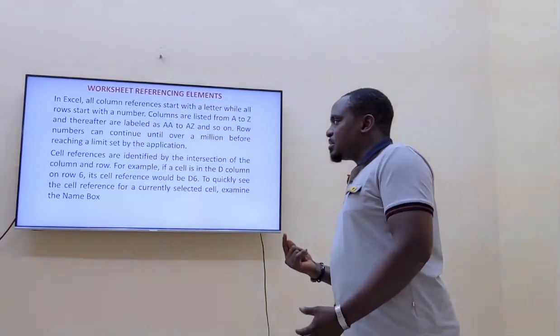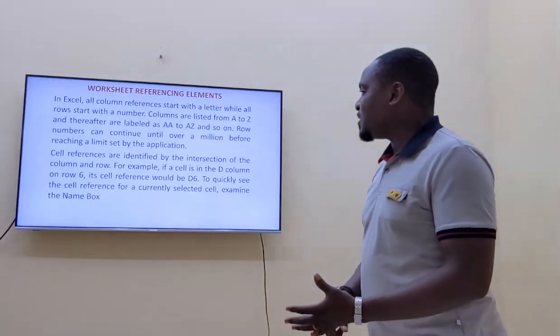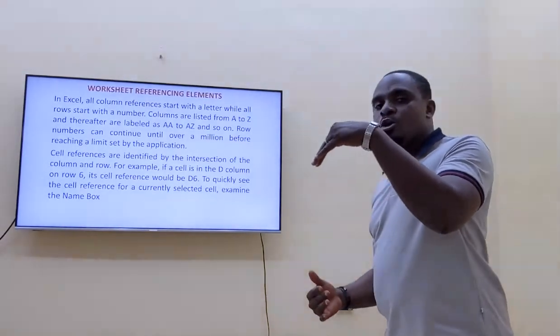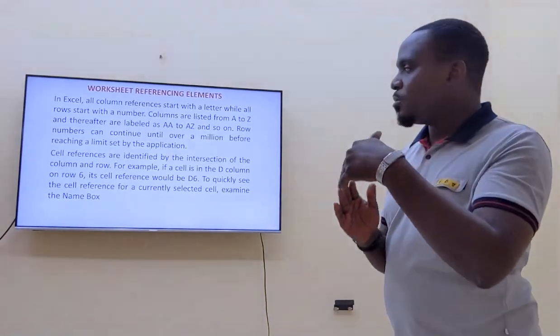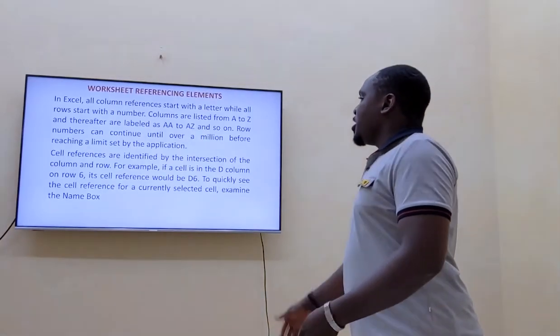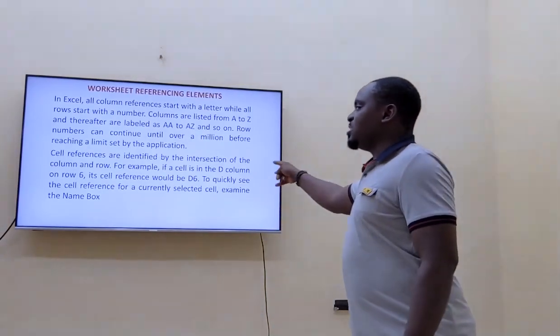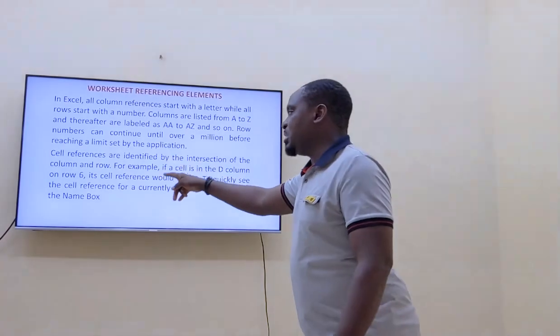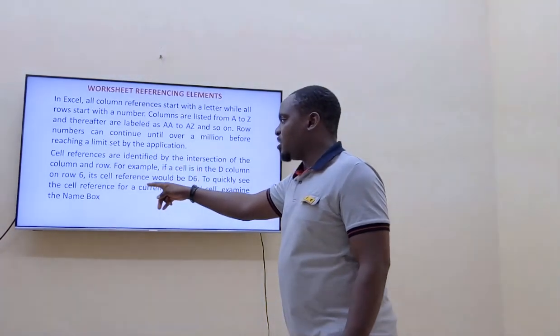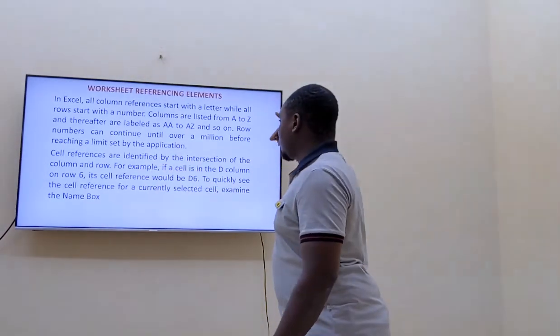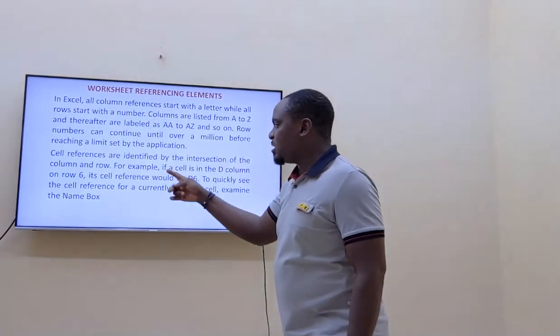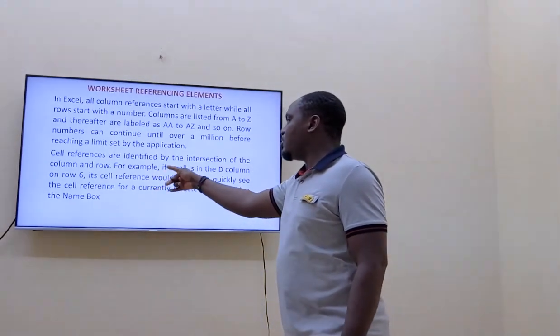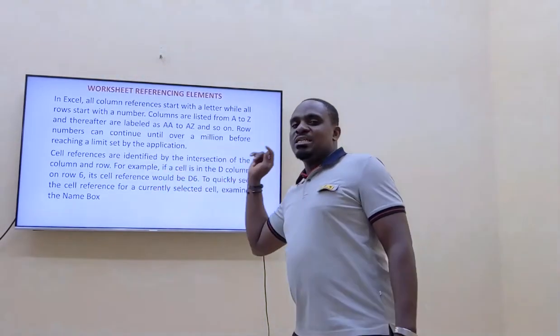Cell references are identified by the intersection of a column and a row. For example, if there's a cell in column D on row 6, its cell reference will be D6.